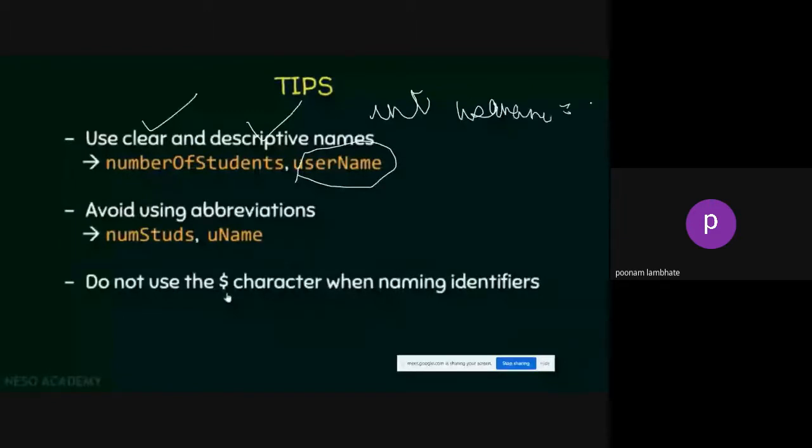Whoever has developed the program or someone else who wants to understand your program will understand that 72 is nothing but the username. So you should give meaningful names. Even if you write int a equal to 72, it is okay. It means in the program that you have developed, you know that a will store the username. But if anyone is reading your code, then they will not understand that a means username. So you should give meaningful names.